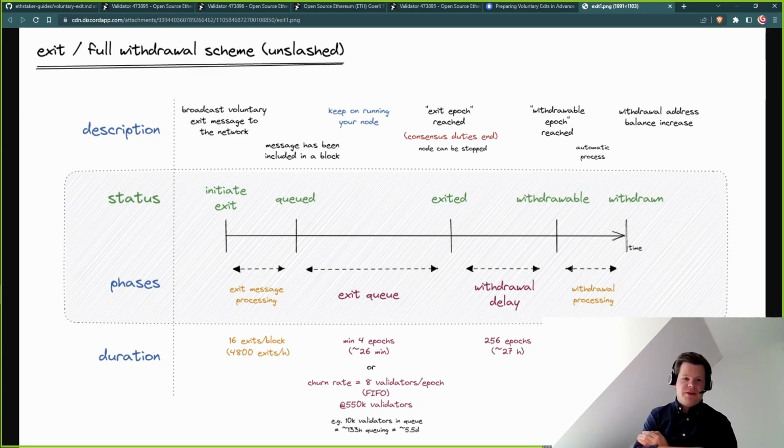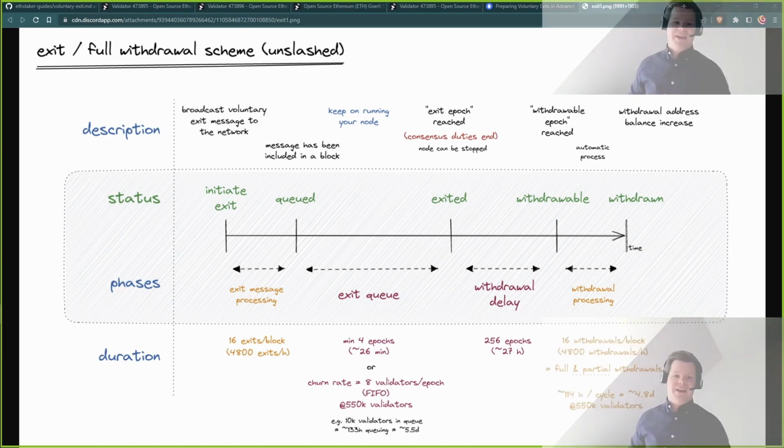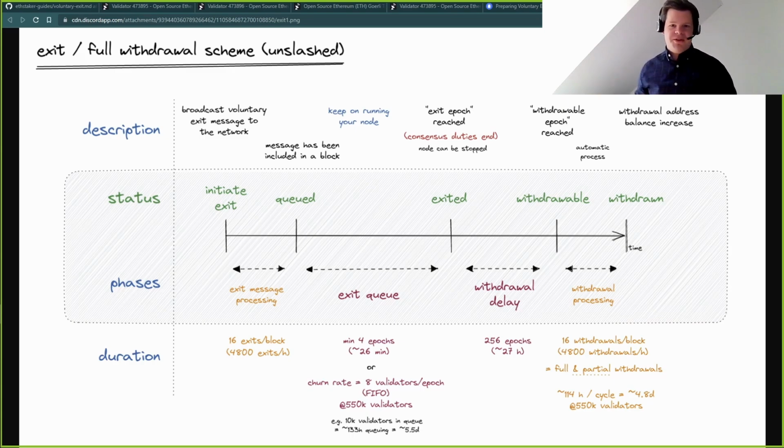Yeah, absolutely. So basically what Remy has done up until this point starts in the upper left corner, right? So we've just broadcasted the voluntary exit message to the network. Once we have clicked submit, the Beacon Chain nodes have received this message.